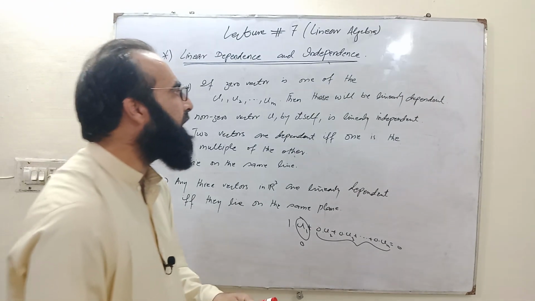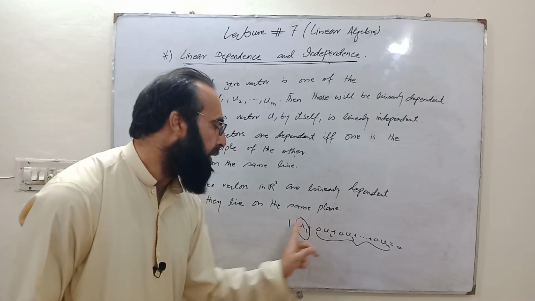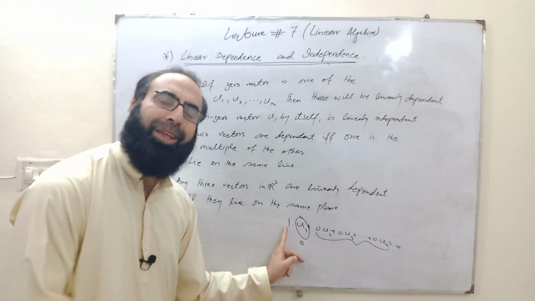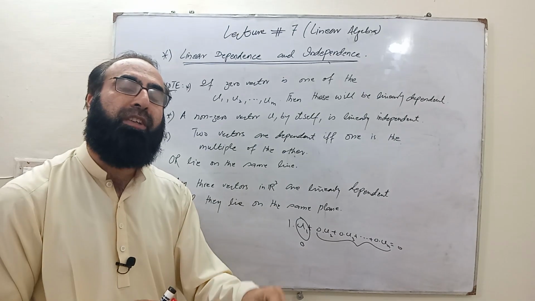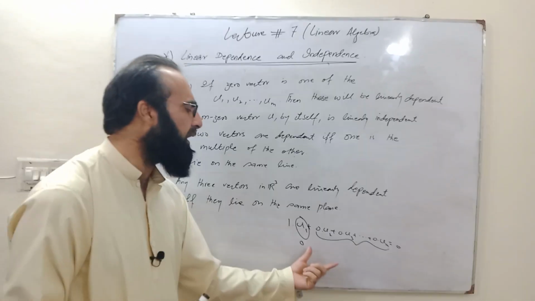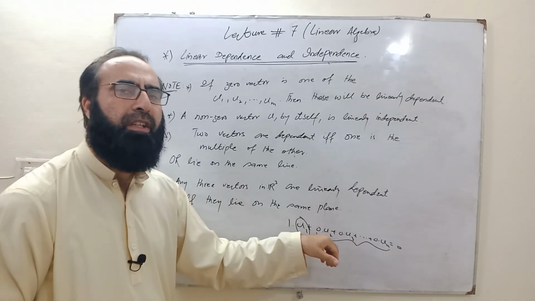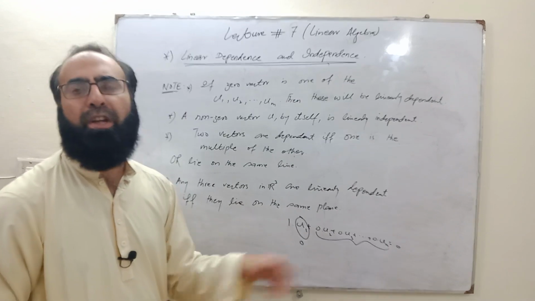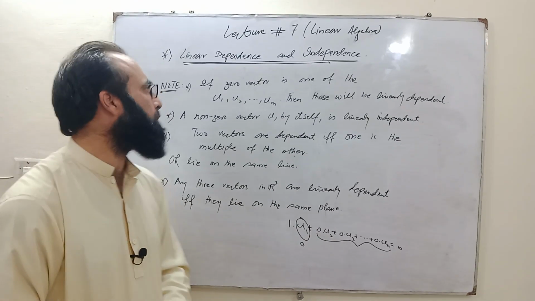So this shows that these scalars are 0, but x1 is not 0, and for linearly independent vectors all these scalars must be 0. So that's why if there exists a zero vector in the collection of vectors, then that collection will not be independent. That collection will be linearly dependent.